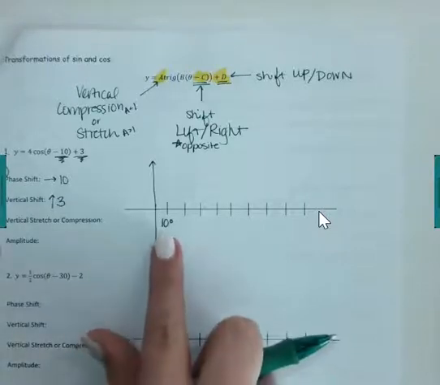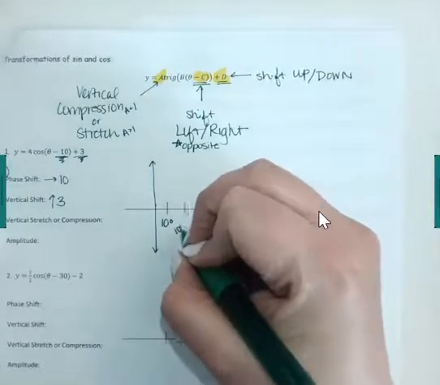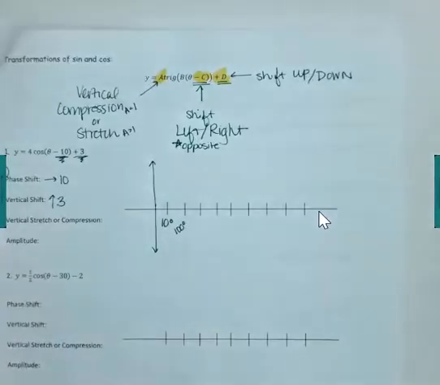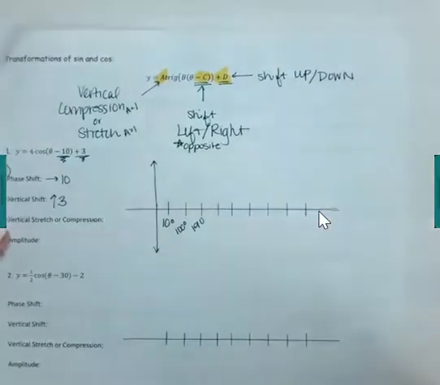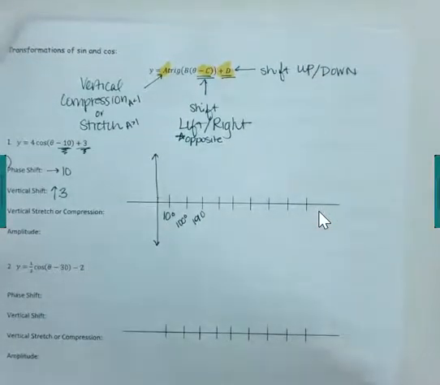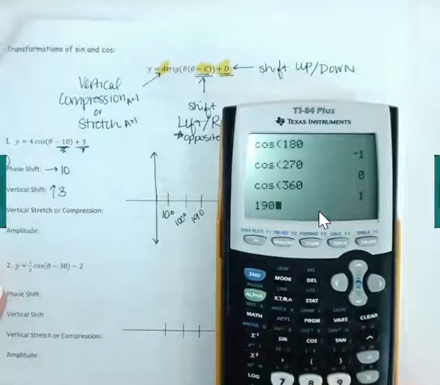So if I start at 10 and I add 90 degrees, what is the next mark? 100. Then I'm going to go 90 past that. What's the next mark? 190. Plus 90 from there. This is where I had you get a calculator for this stuff. If I'm at 190 and I add 90 more, what does that put me at? 280.